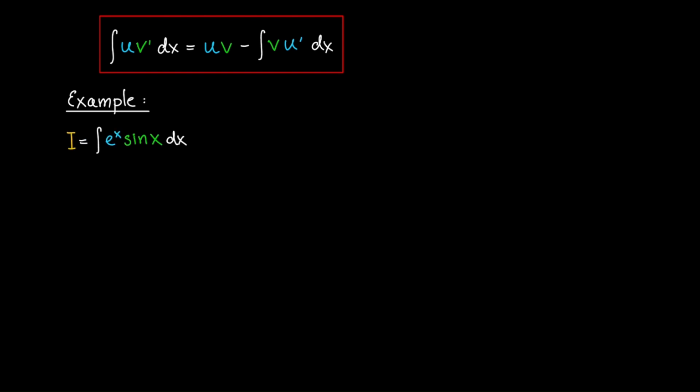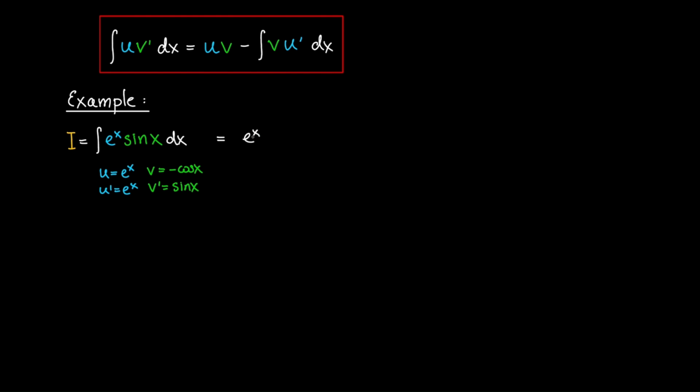Now at this point, you're already fluent with integration by parts, and so let's just say that our u is going to be e to the power of x, and our v prime will be sine of x. So that means our v is going to be negative cosine of x, and our u prime will not change, and it stays as e to the power of x.